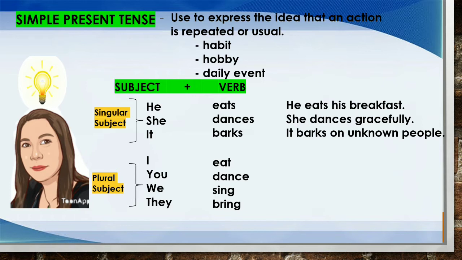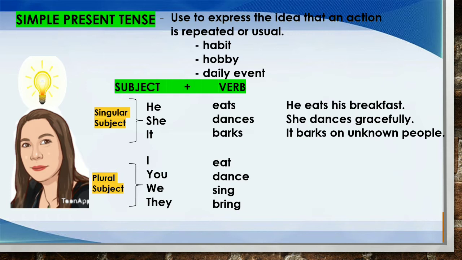I plus a verb in the plural, eat. You with a verb in the plural, also dance. We, plural subject plus plural verb, sing. They, plural subject plus plural verb, bring.